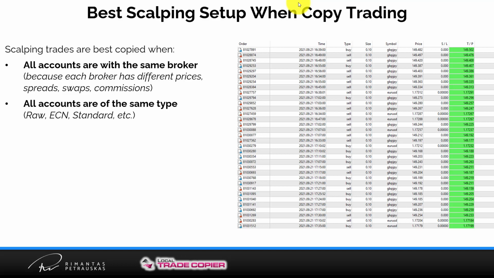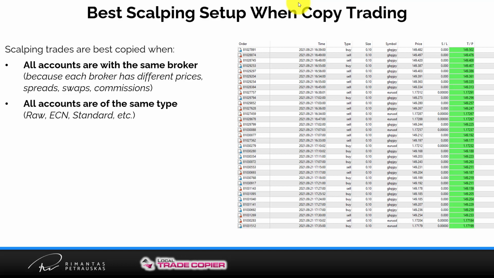Can you imagine? Oftentimes the spread is zero on EURUSD on IC Markets, but they charge a small commission, okay? But on the standard account, the spread might be around 1 pip. There's no commission, but the spread will be 1 pip.